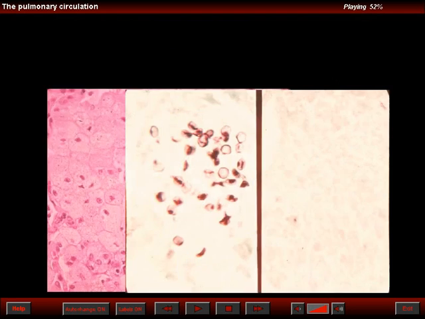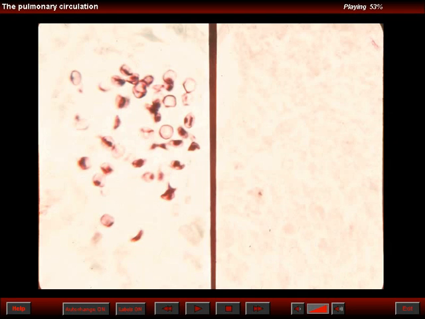Finally, the bottom right shows on the left evidence of PCP pneumonia. On the right, the presence of alveoli filled with this proteinaceous material, but no evidence of cysts.